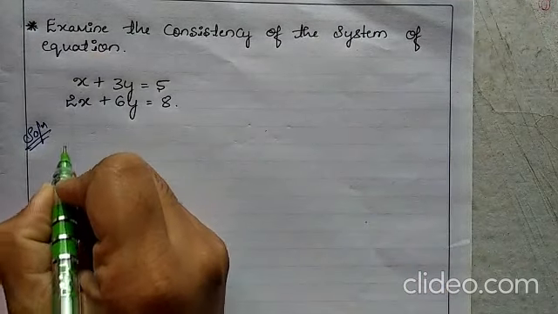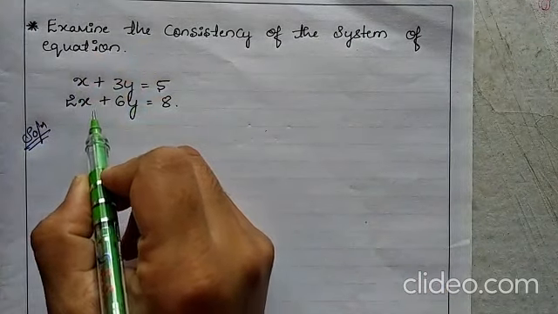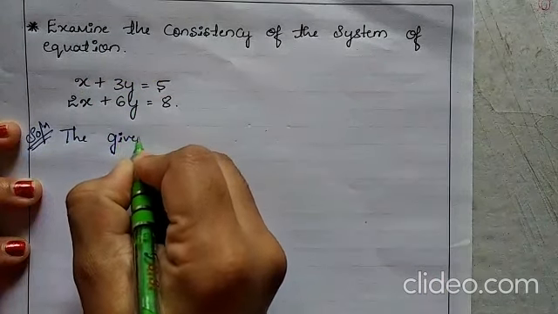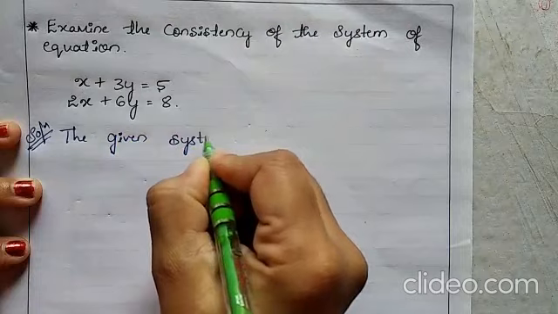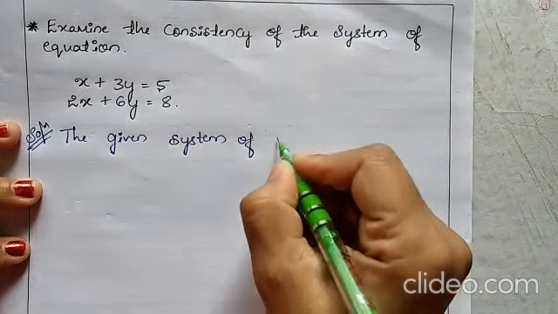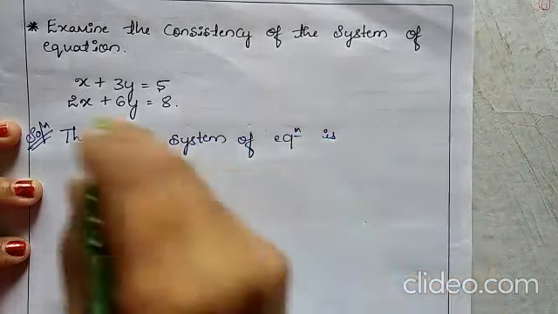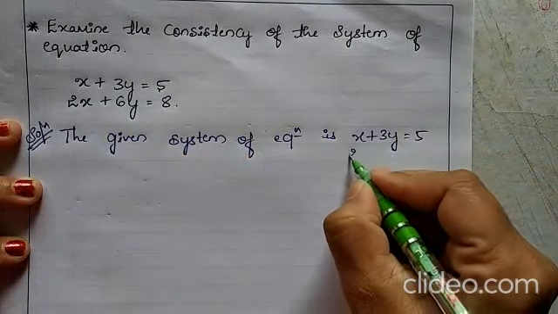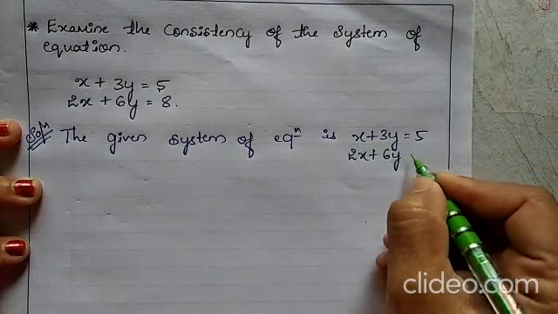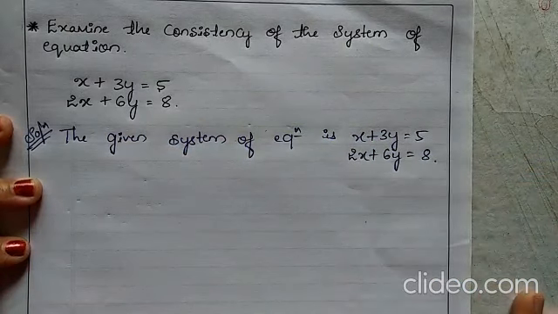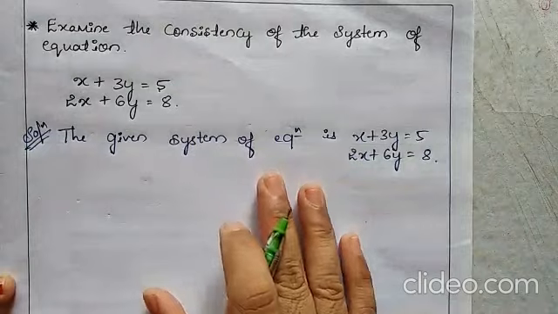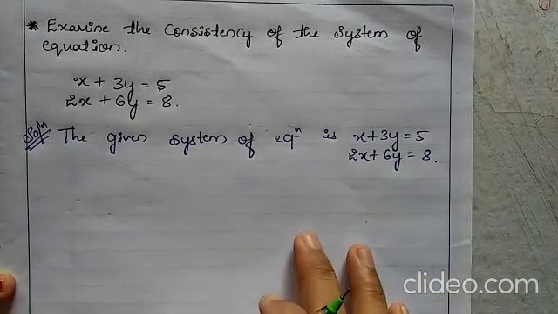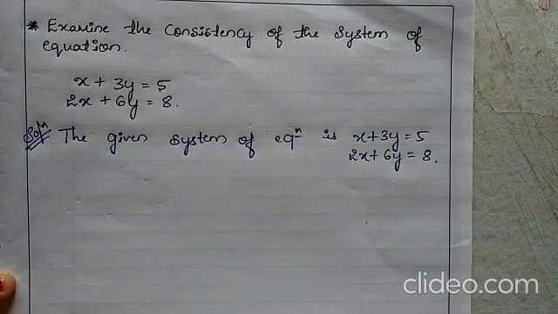So, the solution. First, the given system of equations is x plus 3y equals 5, 2x plus 6y equals 8. In my previous video, we already solved a problem like this, but here it is quite different.